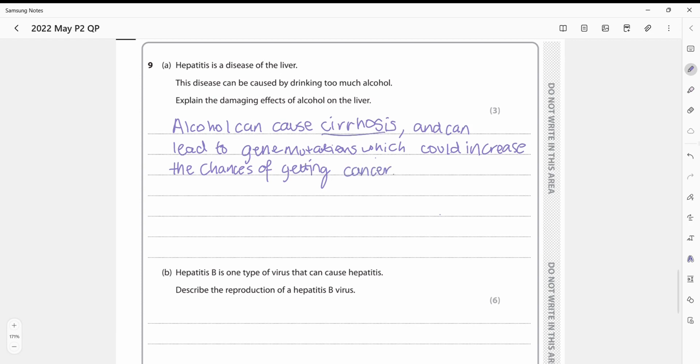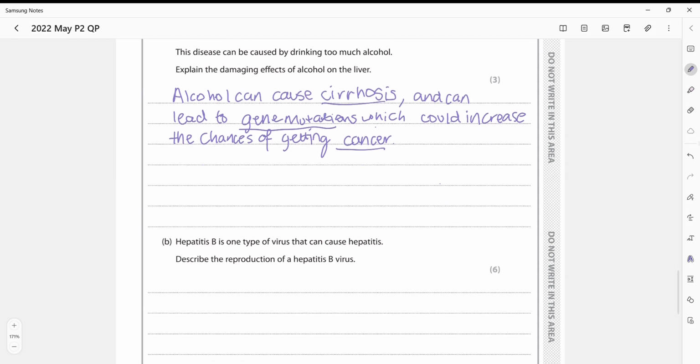So that's 1 mark here, 1 mark here, another mark here, so that's 3. You can also say it could affect the liver's function in terms of detoxifying substances and also making bile, so that's another mark that you can also say.